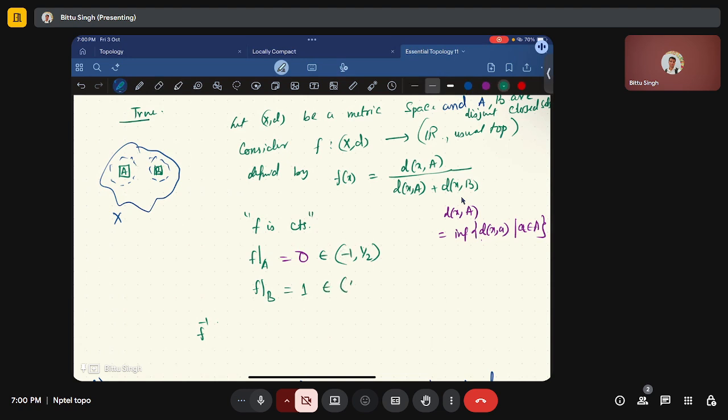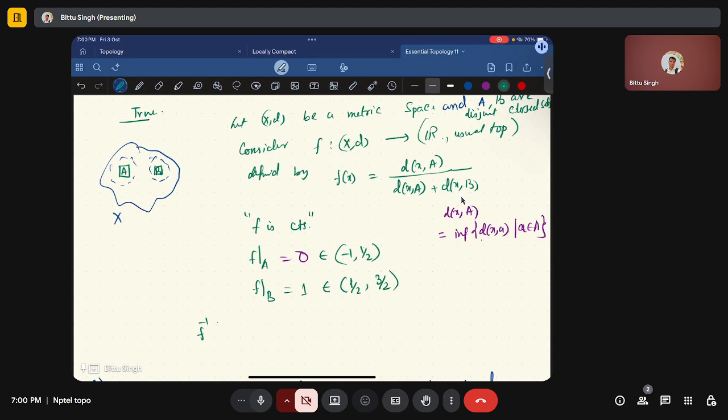And 1 also belongs to (1/2, 1 plus something), (1/2, 3/2) or something like this. So those two are disjoint open sets.